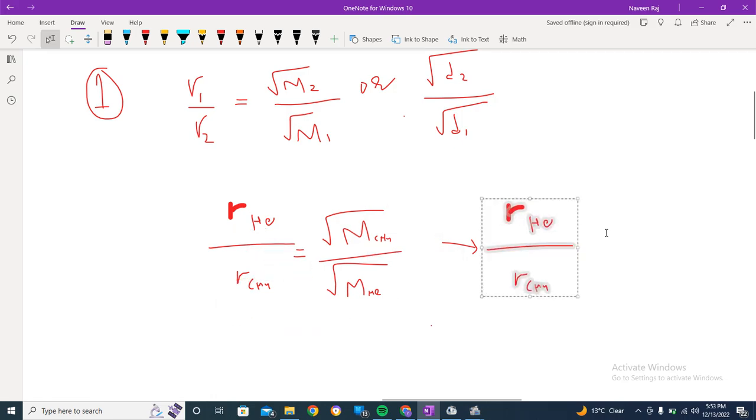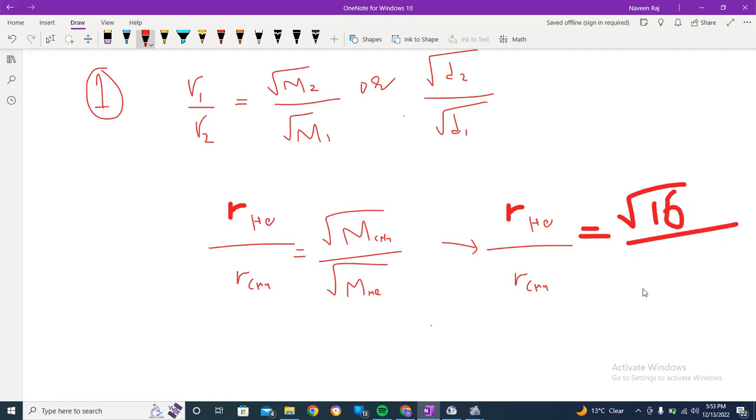Okay, so yes, we are back. R helium over R CH4 would be equal to radical of the mass of CH4, that is 12 plus 4, that is 16, radical 16 over radical of the helium mass, which is 4, so radical 4.